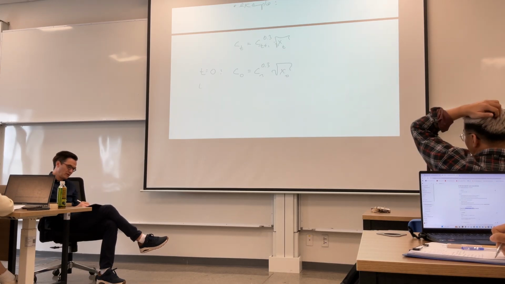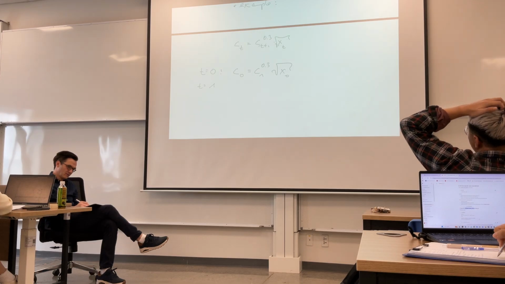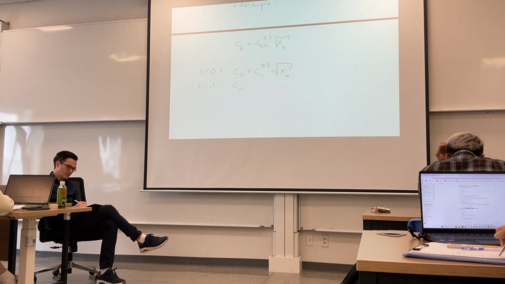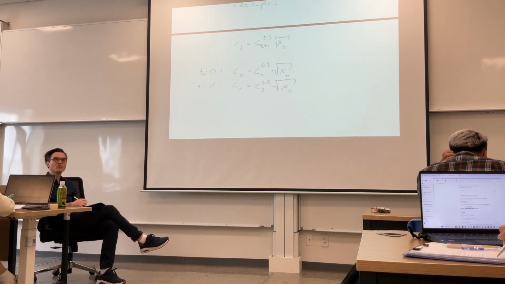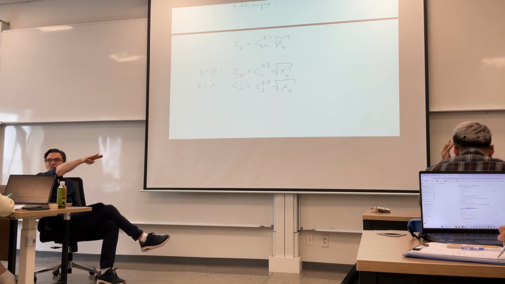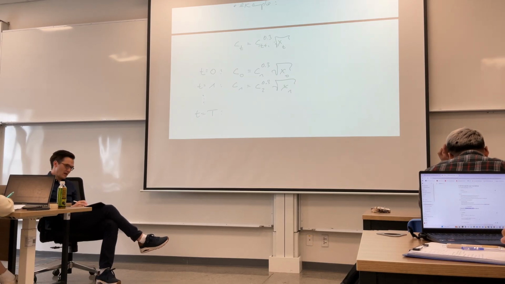Then for period 1, C1 is equal to C2 to the 0.3 times the square root of x1. You're literally writing the model equations period by period, and you keep doing that up to some capital T: C_T is equal to C_{T+1} to the 0.3 times the square root of x_T.